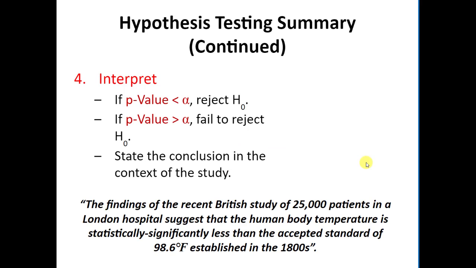Finally, we put the findings in the context of the study, and we wrote that the findings of the recent British study of 25,000 patients in a London hospital suggest that the human body temperature is statistically significantly less than the accepted standard of 98.6 degrees Fahrenheit established in the 1800s.